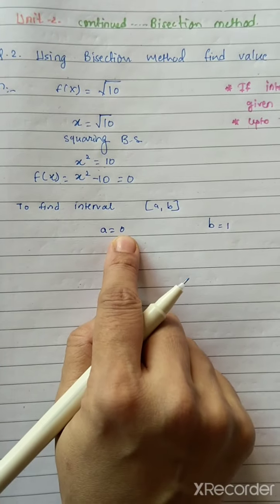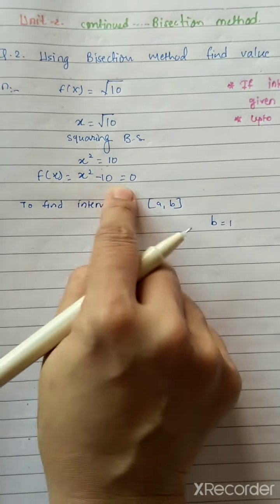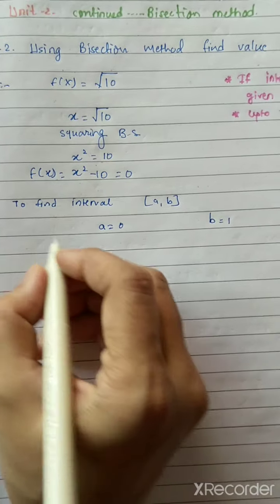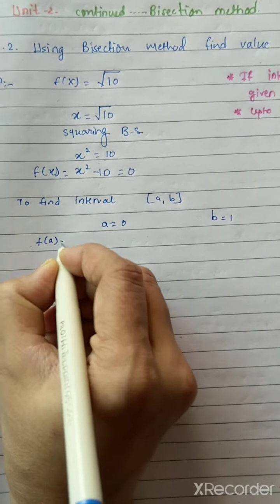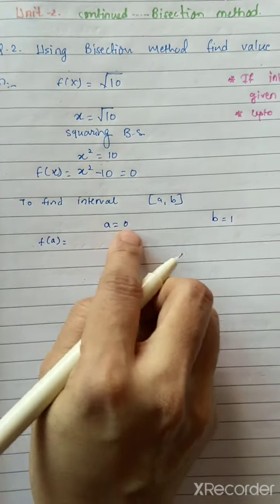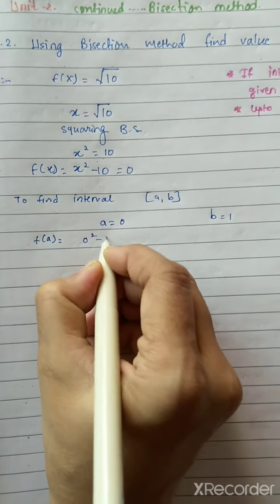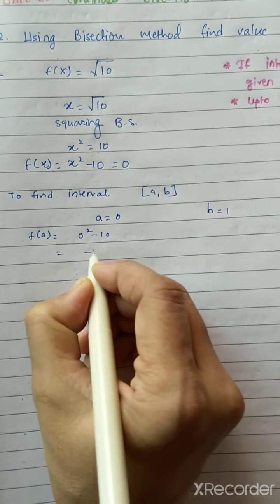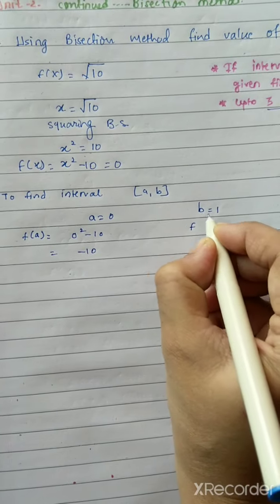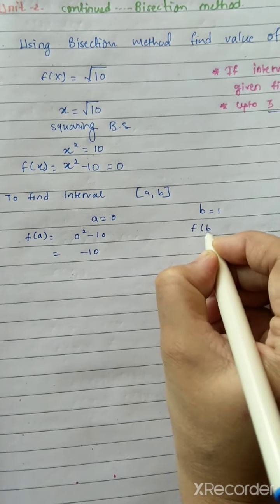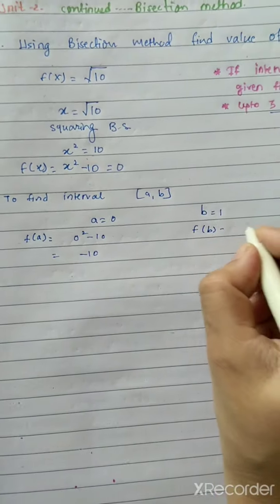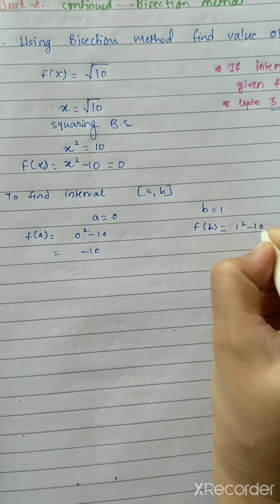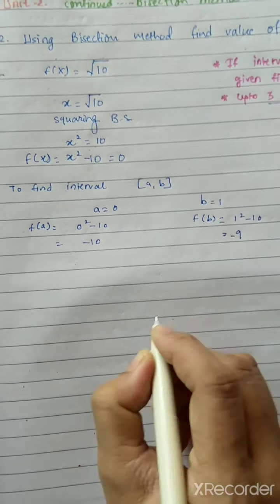When a is equal to 0, find f of a. Substituting 0 here, f of a is 0 square minus 10, so this will be minus 10. And when b is equal to 1, f of b will be 1 square minus 10, so this will be minus 9.